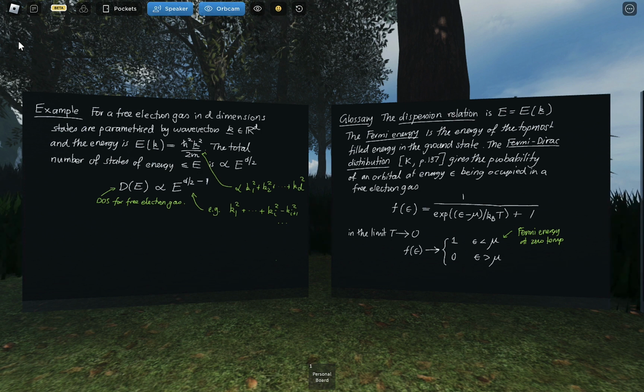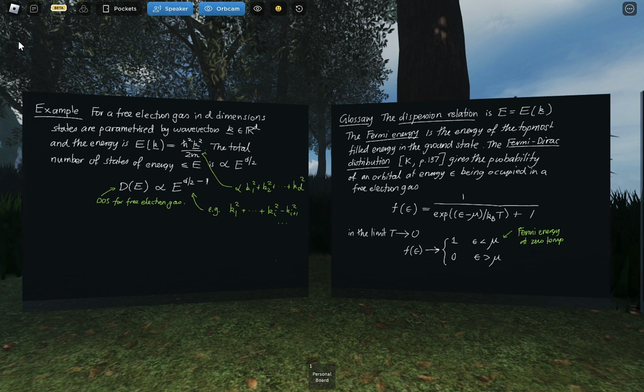Okay, so I wanted to say what a Fermi surface was, right? So I've just said that at temperature 0, some set of states are occupied and some set of states are not. Where does that set of states live? Well, a state is a configuration of a particular electron, and the possible configurations, in our case, in the free electron gas, are just given by the momenta. So the set of occupied states is a subset of the space of momenta.